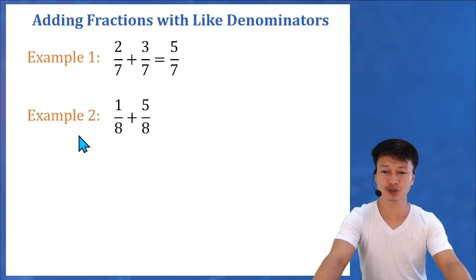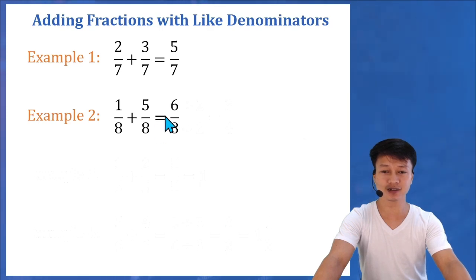Example number 2, we have 1 over 8 plus 5 over 8. Again, these two fractions are similar fractions and therefore we can add them directly. Add the numerators, we have 1 plus 5, that is 6, over the common denominator 8. As we can see, 6 and 8 have a common factor, which is 2.